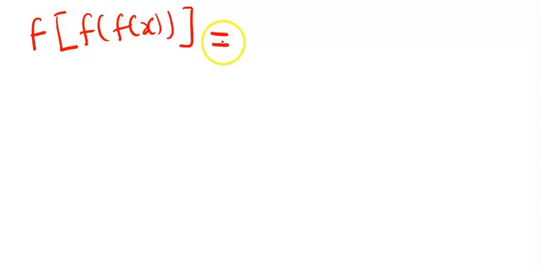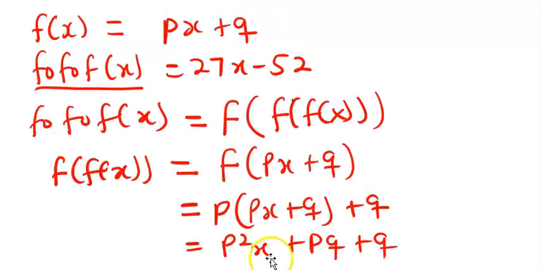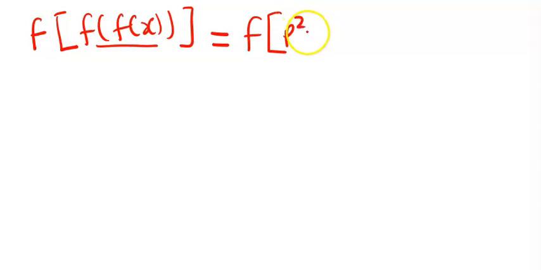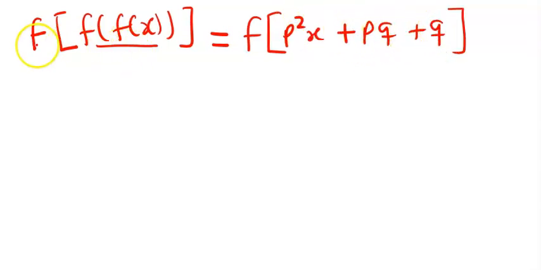Next, we want to find f of f of f of x. This is the same as what we have found, so f of f of x is p squared x plus pq plus q. So we are going back to f and put this one there.